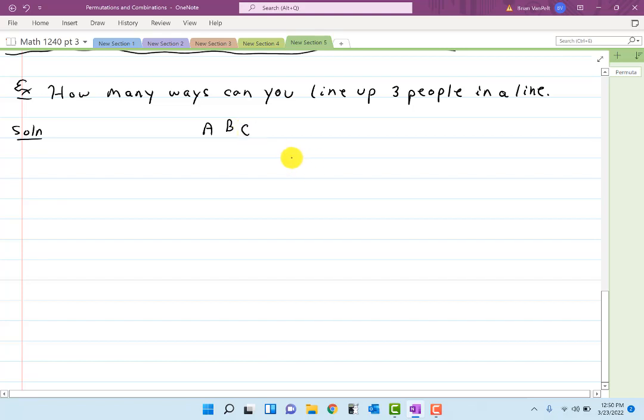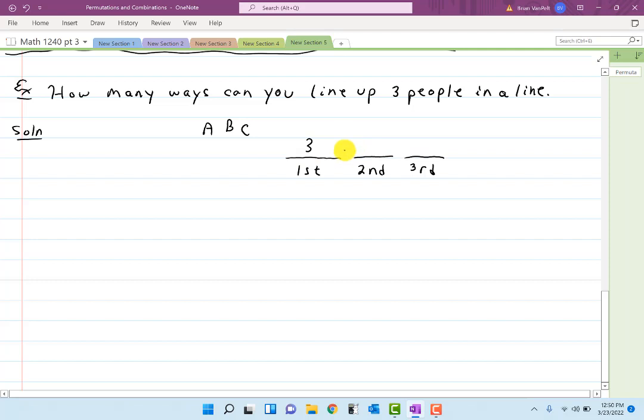So when you look, if we're going to line them up, we must have a first position, a second position, and a third position. For the first position, we're free to pick any of A, B, or C. So we actually have 3 choices for the first person. Now, once that person is set, there are 2 people left over.